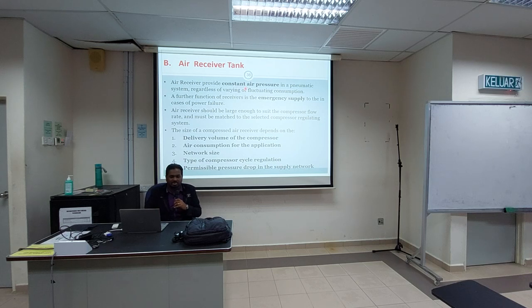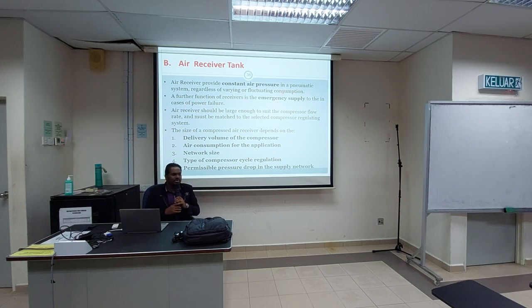So when you need constant pressure, it is always advised to go from the compressor into the air receiver tank, and from the air receiver tank into the application. Because the air receiver tank has already stored the compressed air, it can supply at constant pressure. So that's one advantage. Then emergency supply.